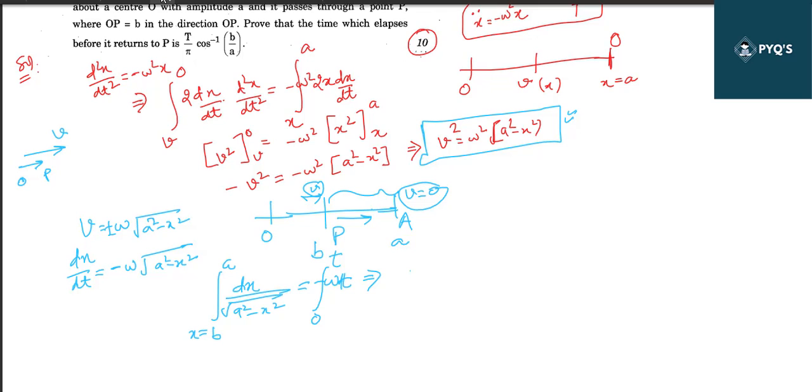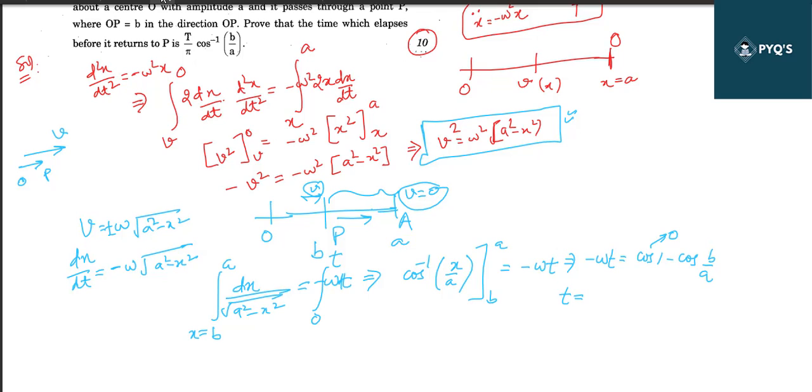Now this is the cos inverse of x by A. So cos inverse x by A with limits B to A equals minus omega t. If I put A, it becomes 0. So minus omega t equals 0 minus cos inverse B by A. The minus and minus cancel.